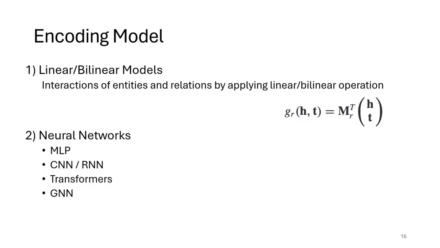Now that we've determined the space to represent the embedding and the scoring function, which is the representation rule, we need to decide how to train the model to fit those rules. There are two main approaches to this: linear bilinear models and neural networks.